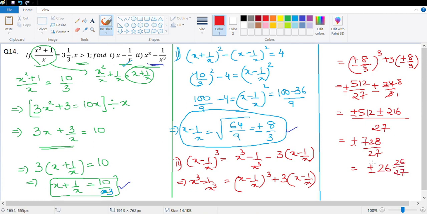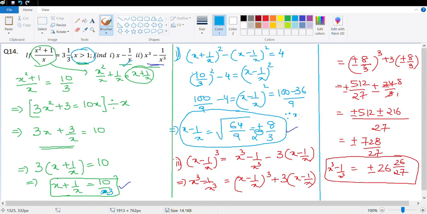Is that correct? Yes. But I have made a mistake, or have I? Yes, let's check. Let's read the question again. The question says x is more than 1, which means the value of negative 8 by 3 is not possible.